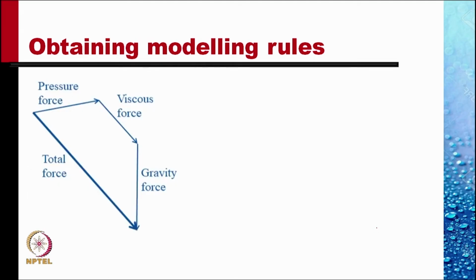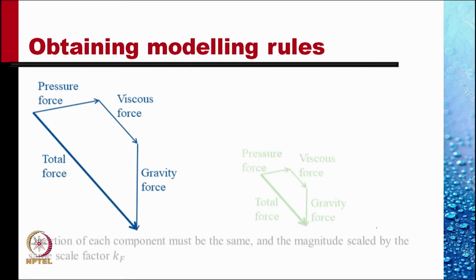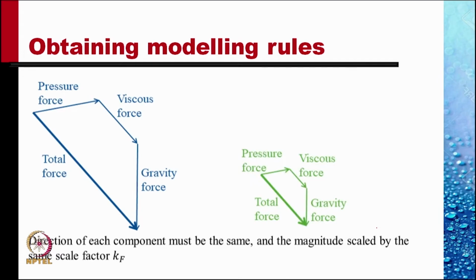Thus, if the total force in the prototype is the sum of these three forces: pressure force, viscous force, and gravity force. The vectorial sum of these gives the total force. Then in the model, every force would be scaled by the same scale factor, their directions remaining the same.